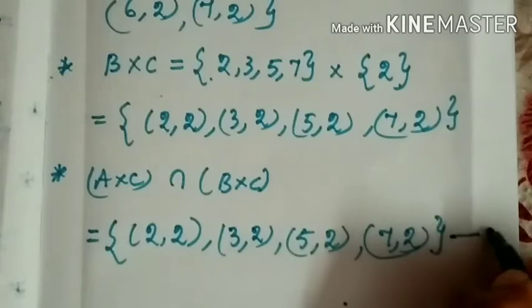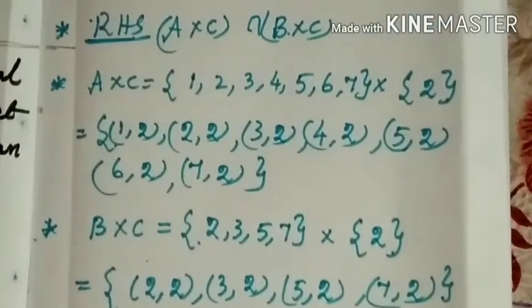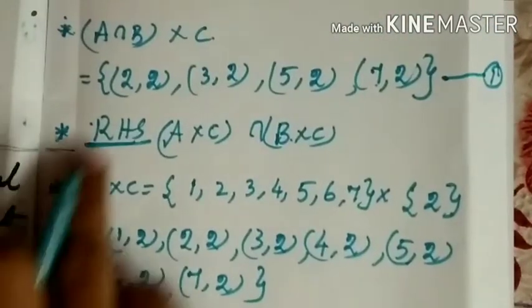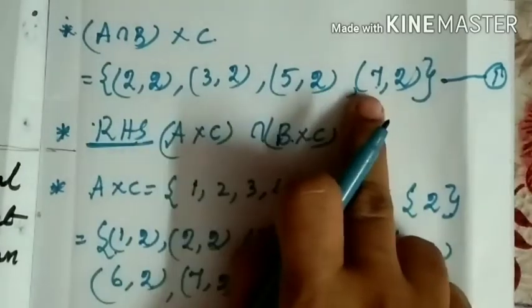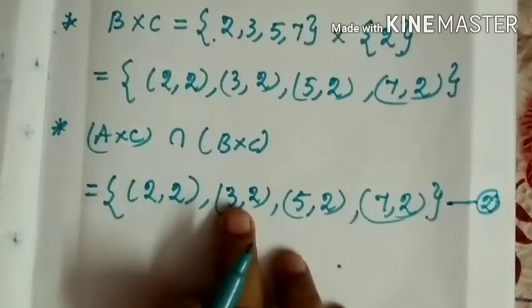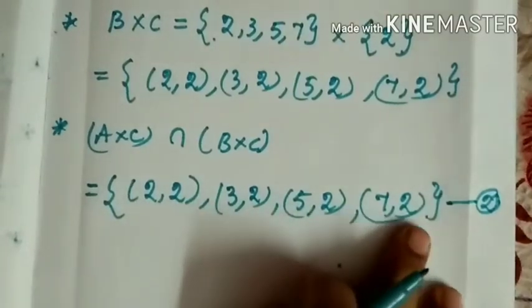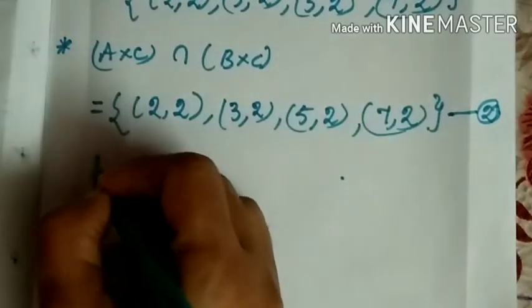So you take that as step 2. Now see the first step and the second step. The LHS answer is also (2,2), (3,2), (5,2) and (7,2). The RHS answer, you see, here also is (2,2), (3,2), (5,2) and (7,2). From these, what do you conclude?